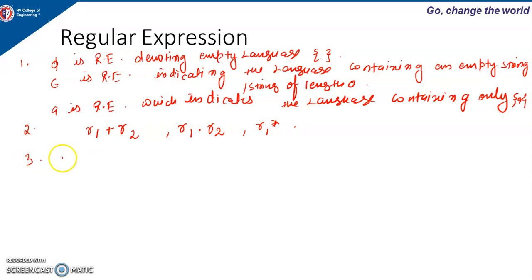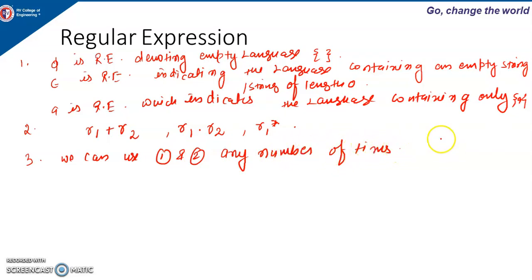And then rule number 3 is that we can use rules 1 and 2 any number of times, and whatever we get is also a regular expression. So these three rules you have to remember, and using these three rules only we are going to write the regular expression.